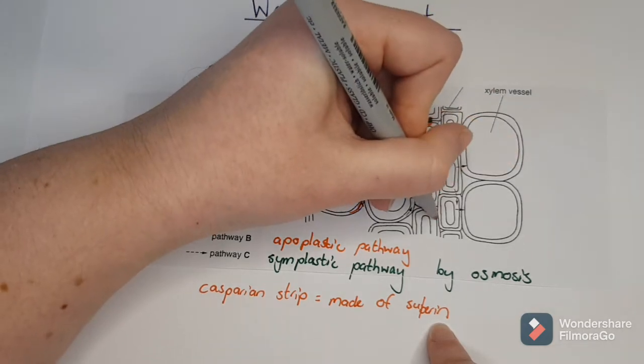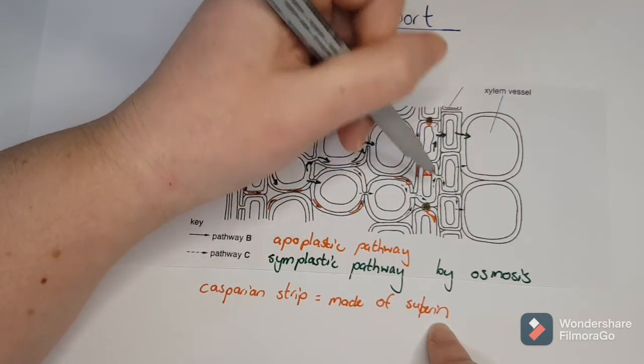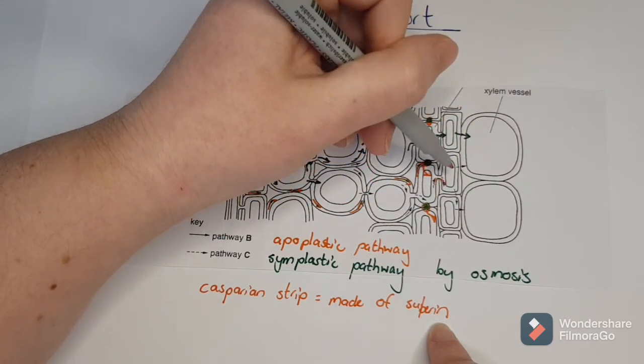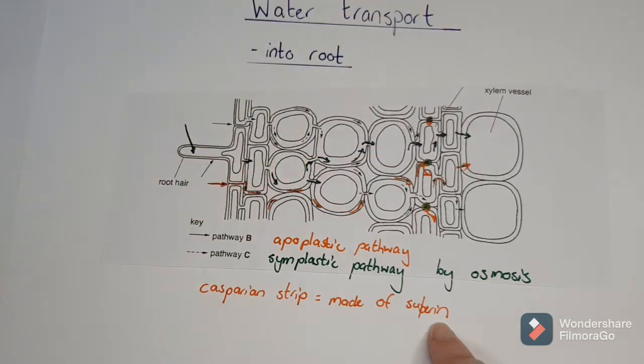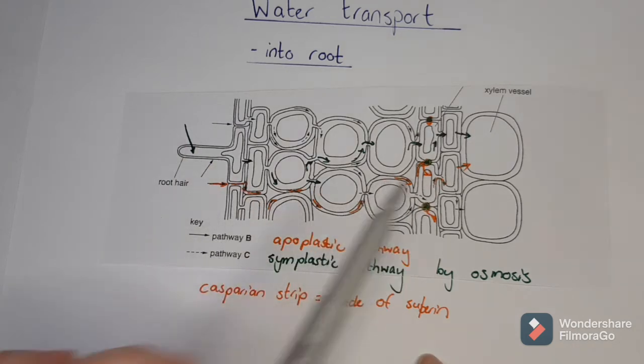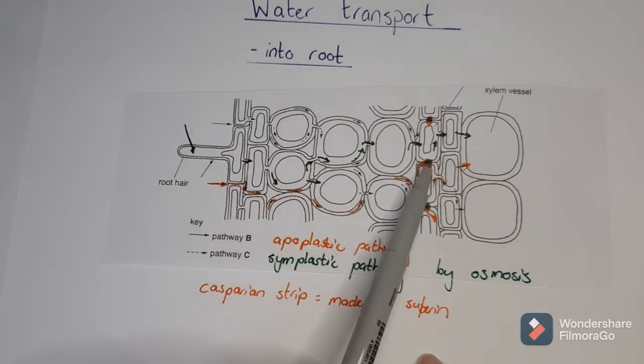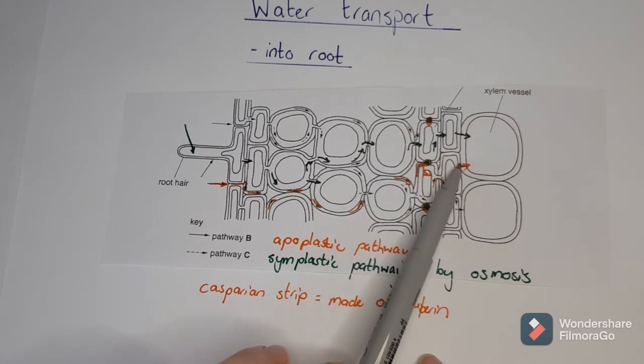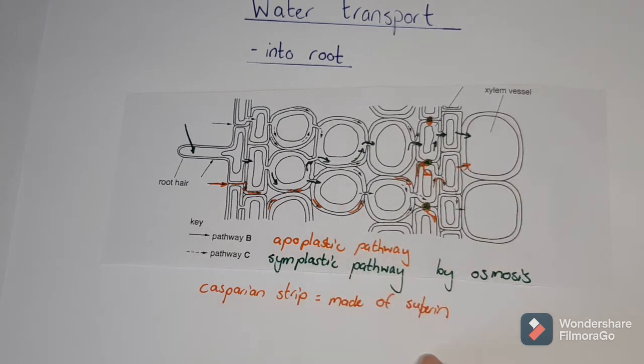Once it's inside, it can then diffuse into the xylem vessel. So in the apoplastic pathway, it's going to travel along the cell walls until it reaches the Casparian strips, where it's forced inside, and then it will travel inside the xylem.